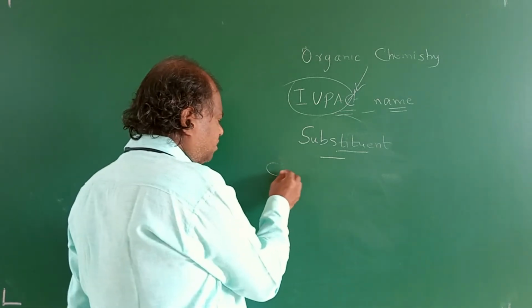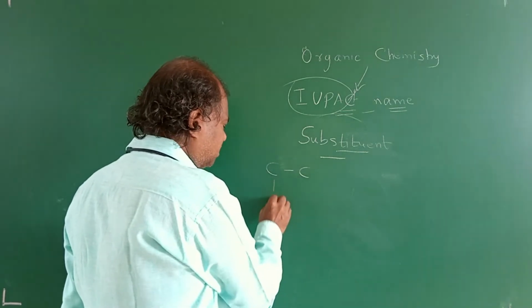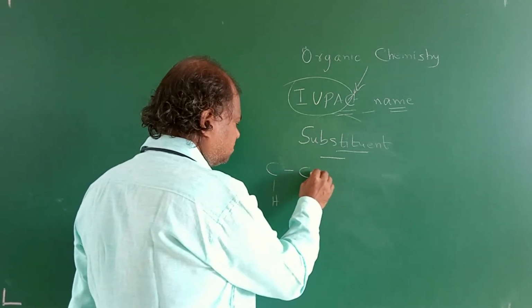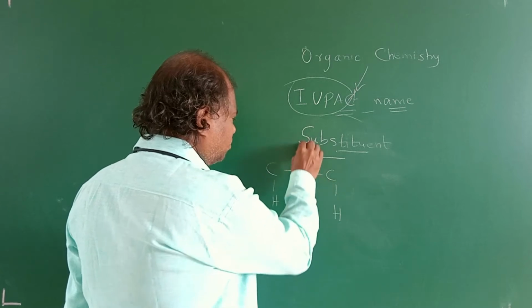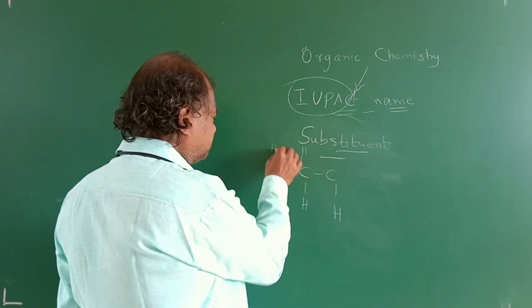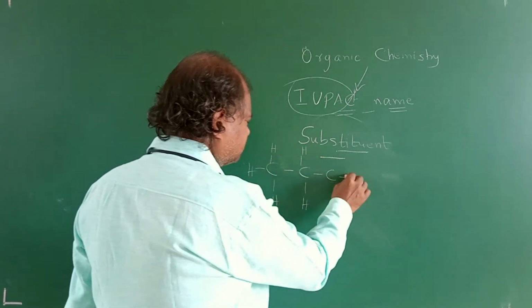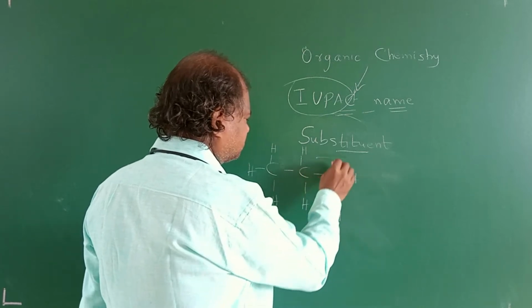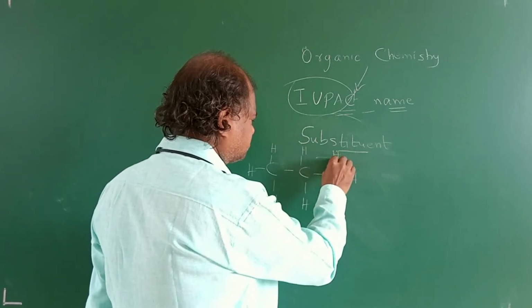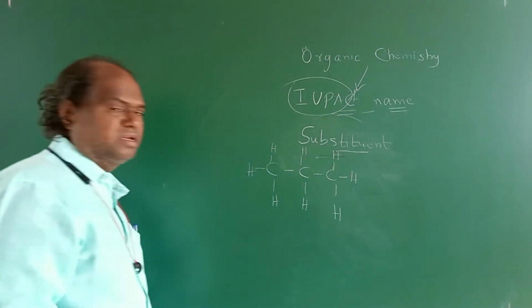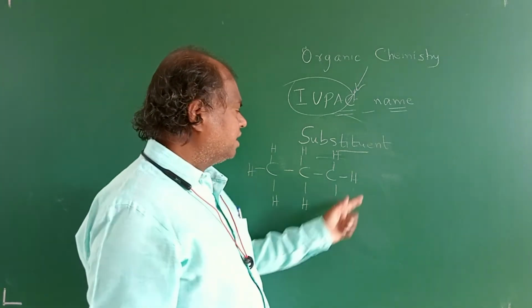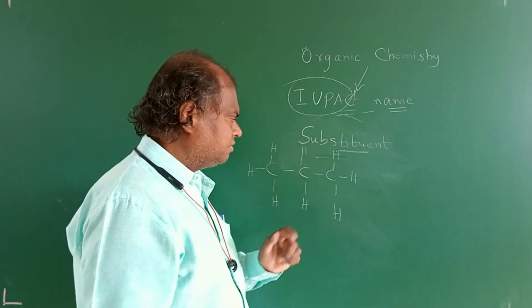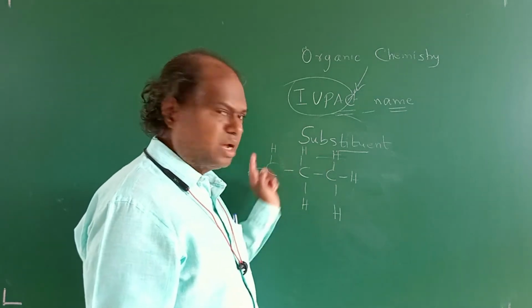Now, suppose I have got this carbon, this is your propane, right? You know that this is propane, right? Very simple. Now here, everywhere you have hydrogen atoms. Can you see? Everywhere you can see hydrogen atoms, right?